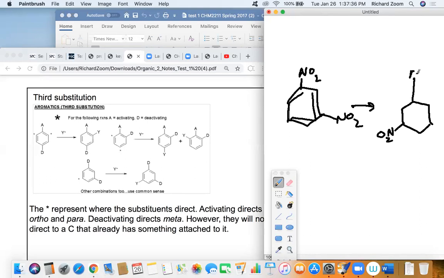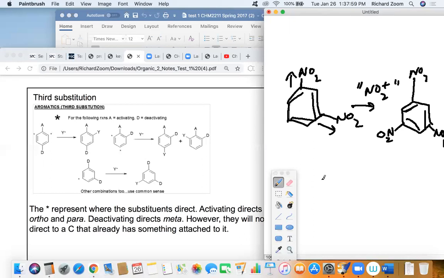It's really hard because these nitro groups are already sucking electron density out of the ring, and you're trying to get them to react with something that's positively charged. So you can get it, but it's very difficult.